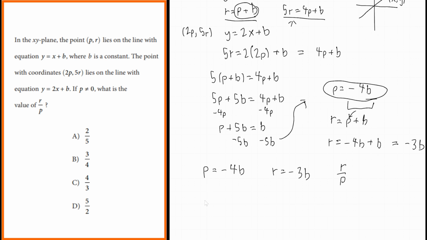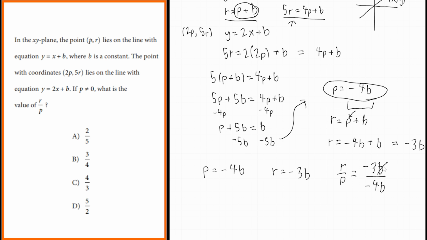And we can plug our values in for that to get negative 3b on the numerator and negative 4b on the denominator. And here, this is where things work out.